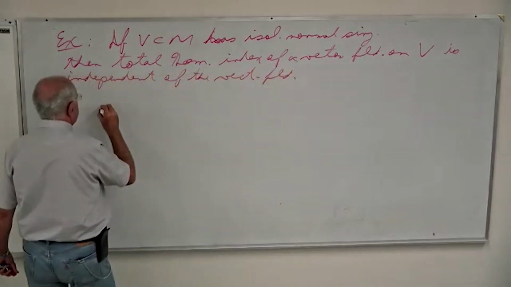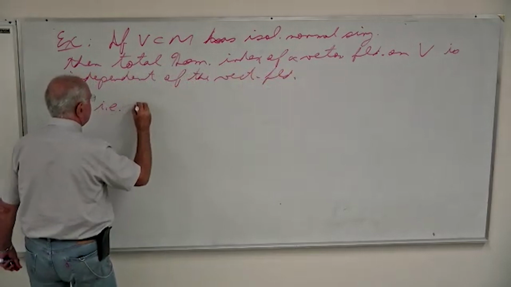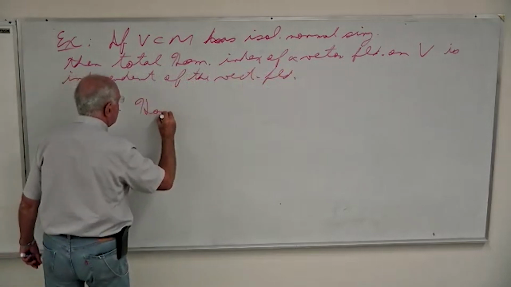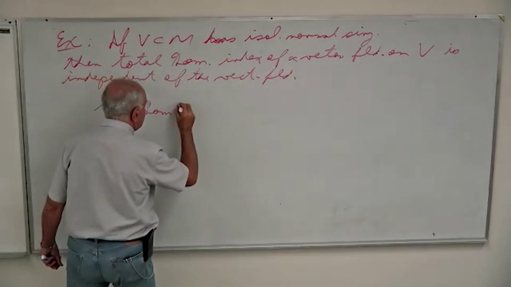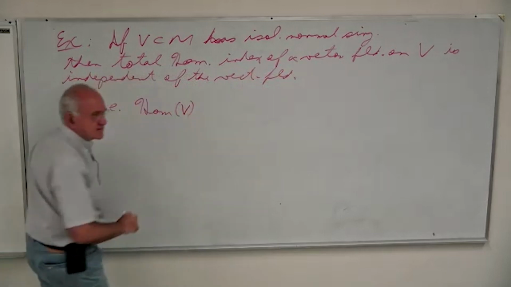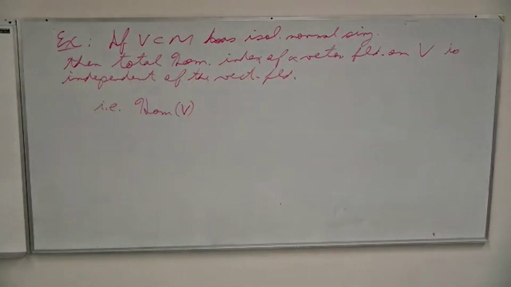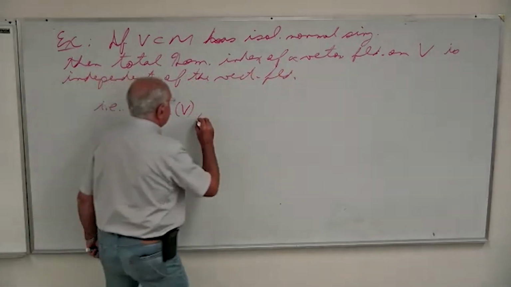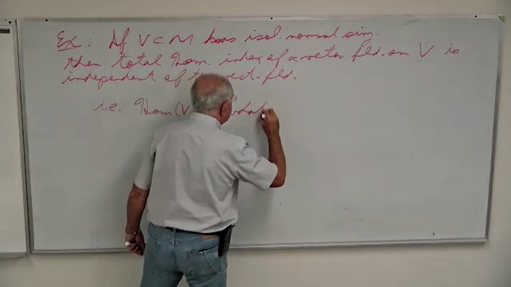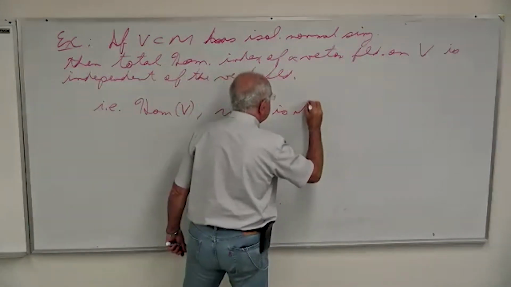Okay, that means that one has an invariant that one could call the homological index of V. That's an invariant of the variety that does not depend on the choice of the vector field. Then the question is, what is it?